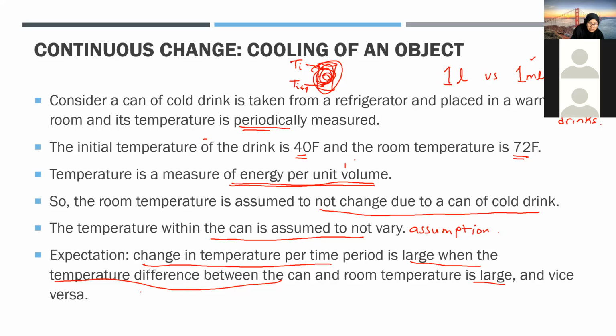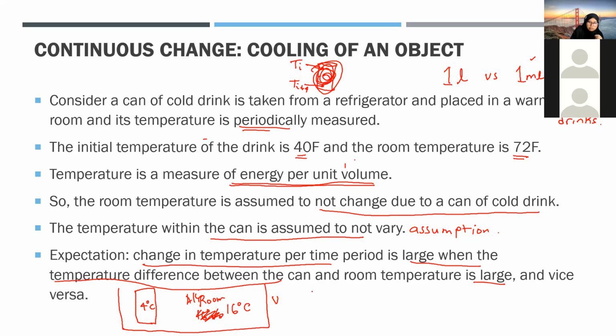So what does it mean by this? Let's say my drink right here is 4 degrees Celsius, and my room is, let's say I put on an AC, and the temperature is 16 degrees Celsius. Okay, this is one example.